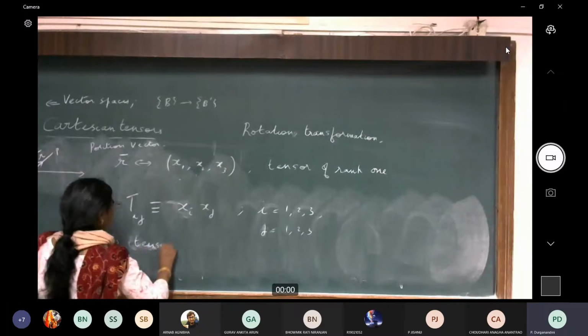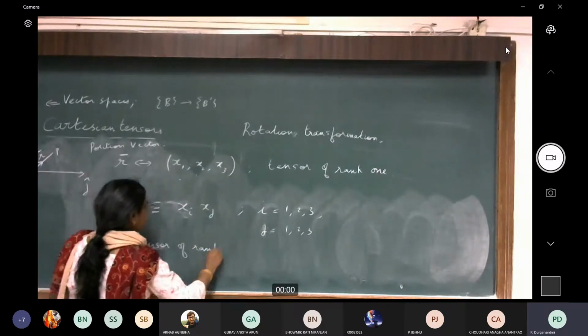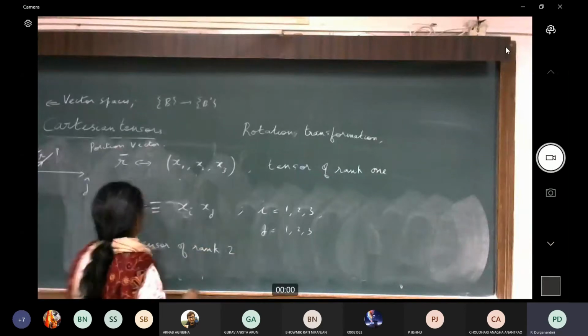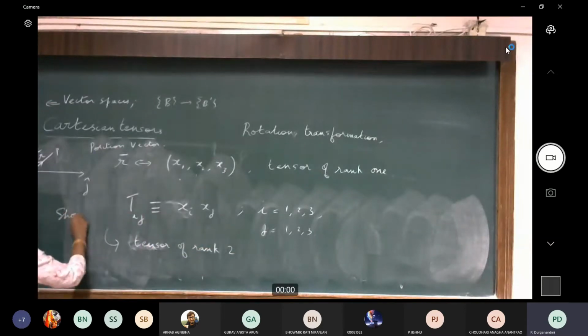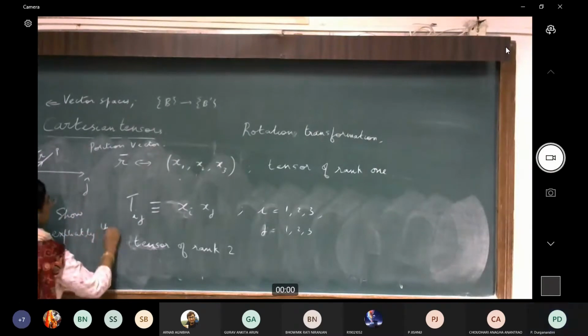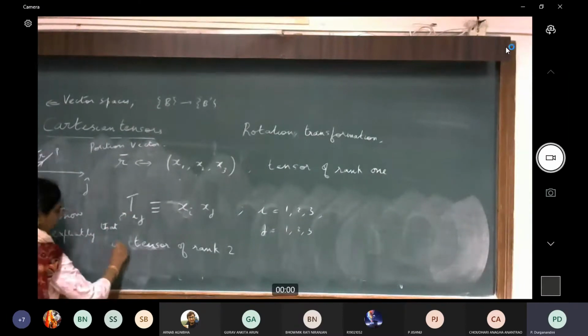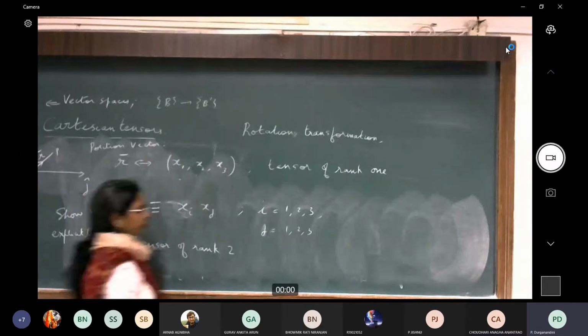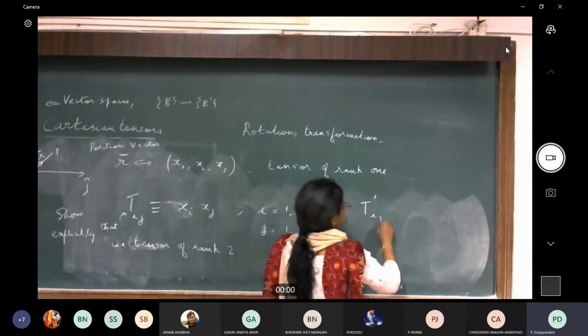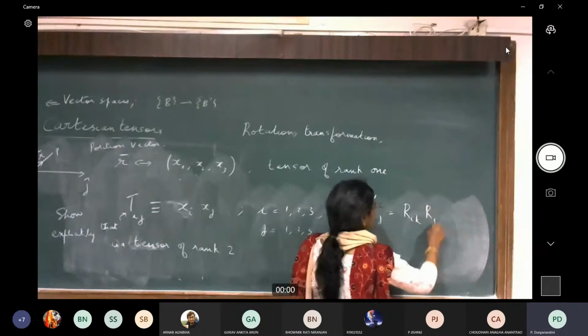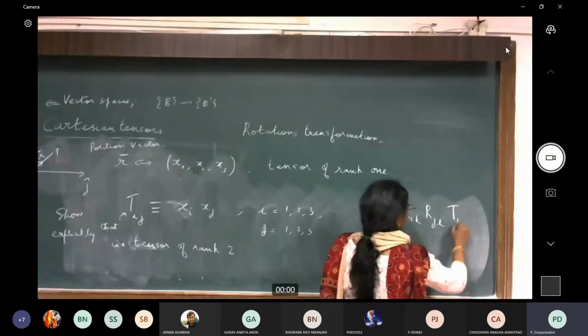Okay, so what I would suggest to you is that please verify or please show this explicitly. So how will you show this? What you have to show is that T prime ij should be equal to Rik Rjl Tkl.